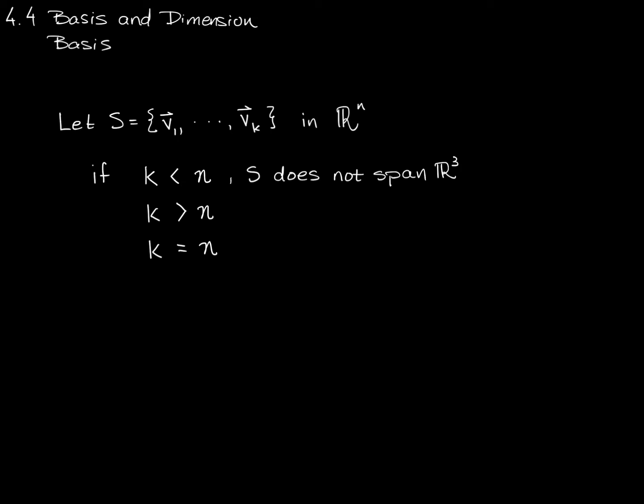So of our 3 possibilities here, if the number of vectors is fewer than the dimension of the space, then the vectors don't span that space.